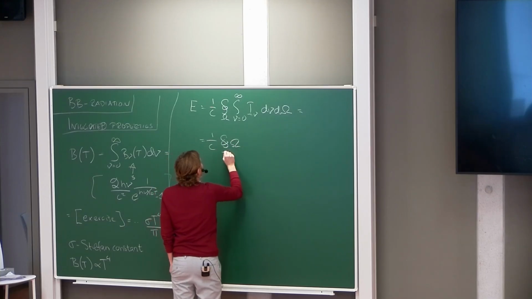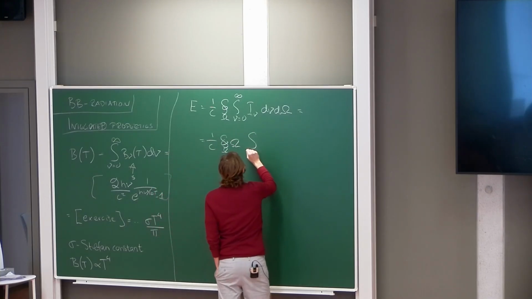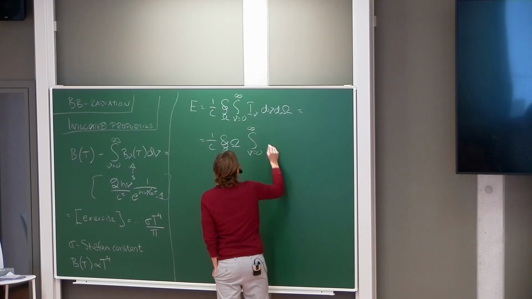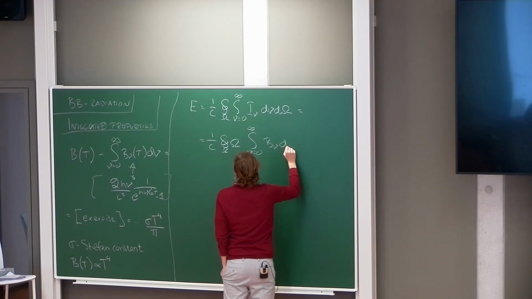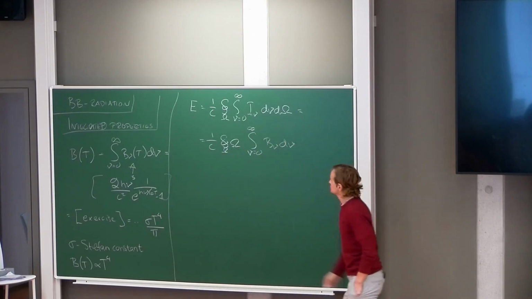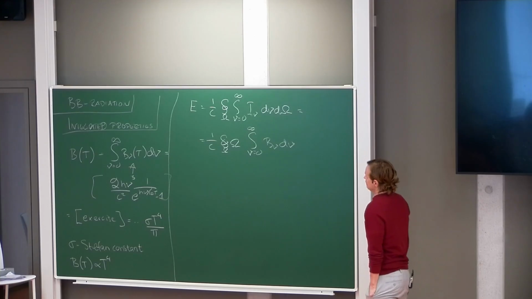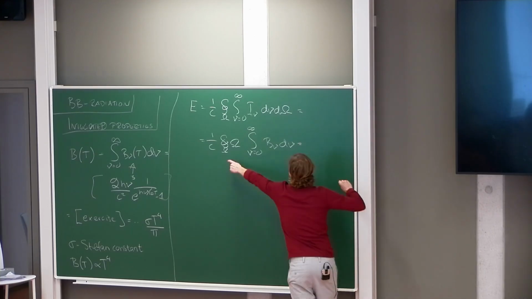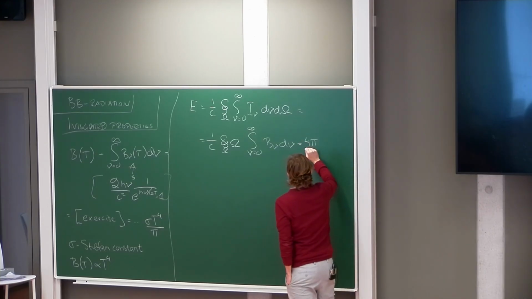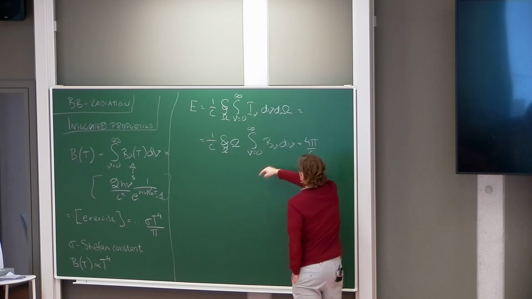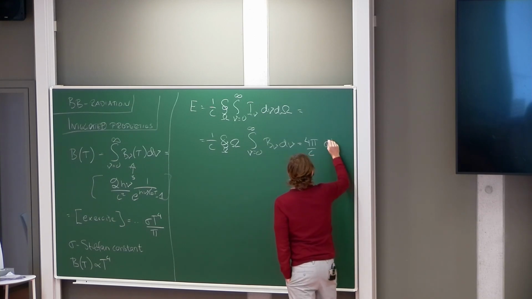I'm going to do an extra step here just for clarity. This is now a function of T, of course. The first integral we have done, that's 4 pi, so 4 pi divided by c. The second one we just gave down there.